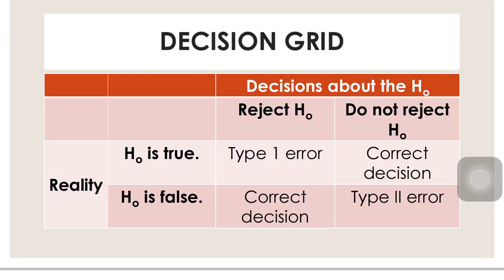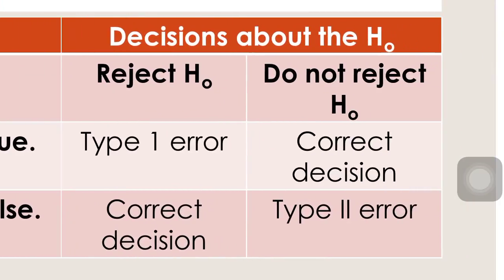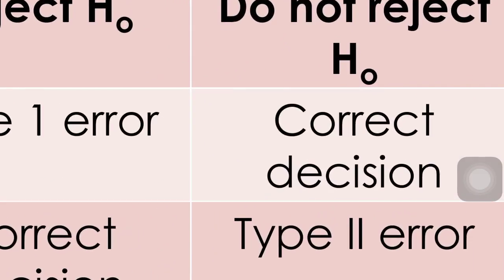If our null hypothesis is true and we rejected it, that is a type 1 error. If our null hypothesis is true and we accepted it, then we make a correct decision.